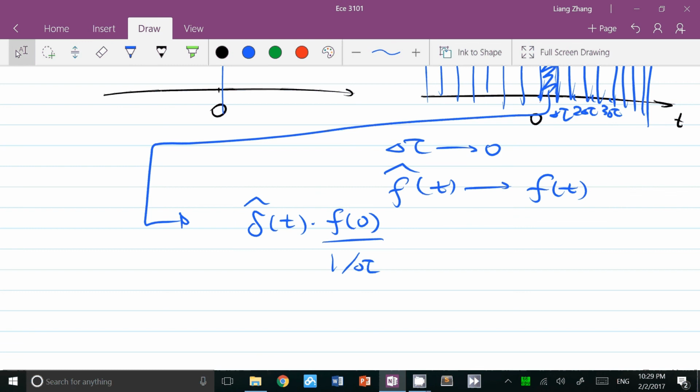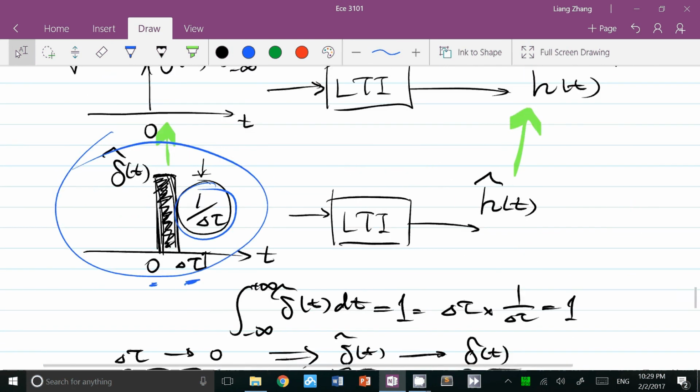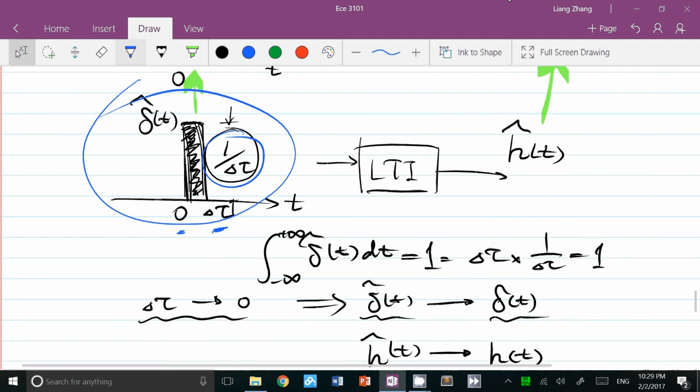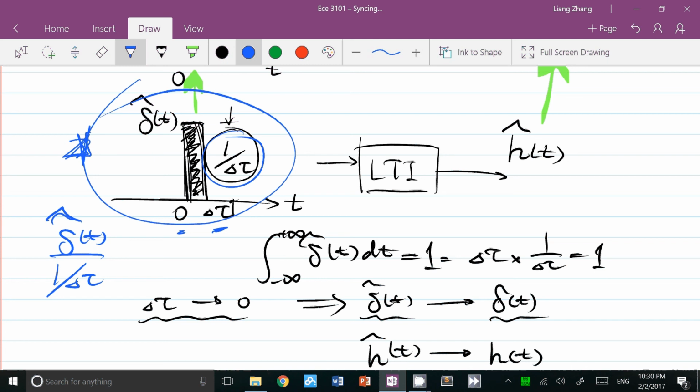So if we go back again, for this particular one right here, if we divide delta hat by 1 over delta tau, this will generate this rectangle, still with width delta tau, but the height now will be equal to 1, since I divided by the actual height.